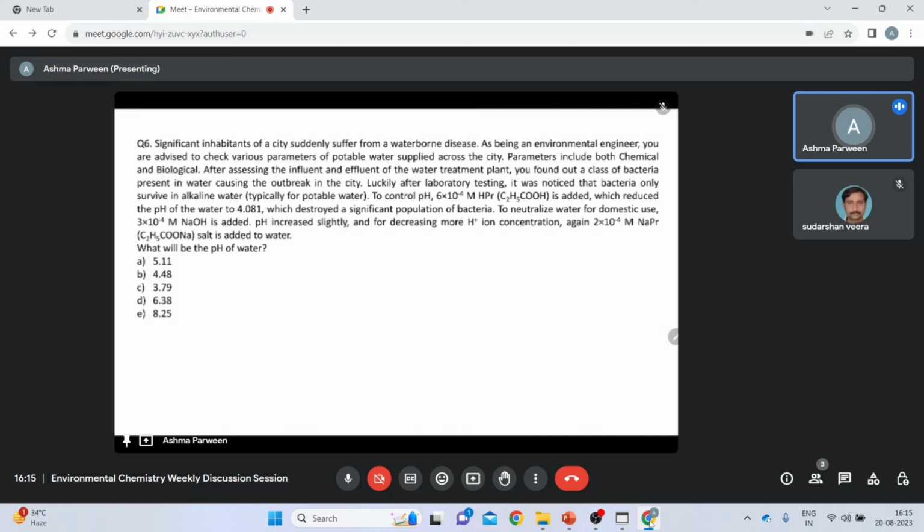We just have to do the component mass balance on the various components, and we just have to put the values in the Visual Mintek, and it will do the calculation for us. So let's see the components and do the mass balance for them. So first component will be, let's just write the components.